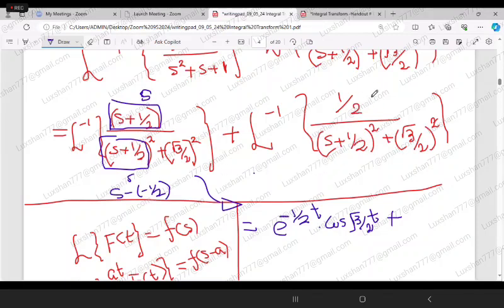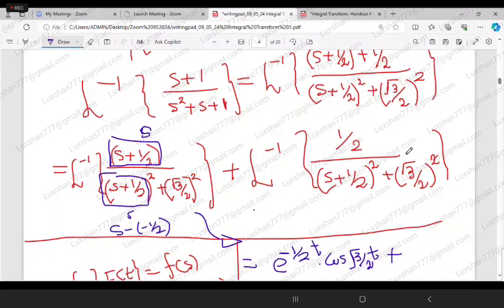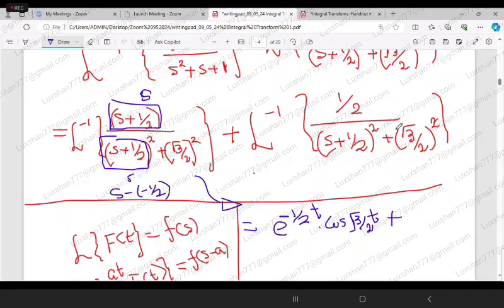When you do the Laplace transform of sin at, we have actually a over something, but we don't have a here, so we have to make that a here. How can you make that a here? You can bring this half out and multiply by root 3 by 2 up and 2 by root 3 here. So let me take the half out.